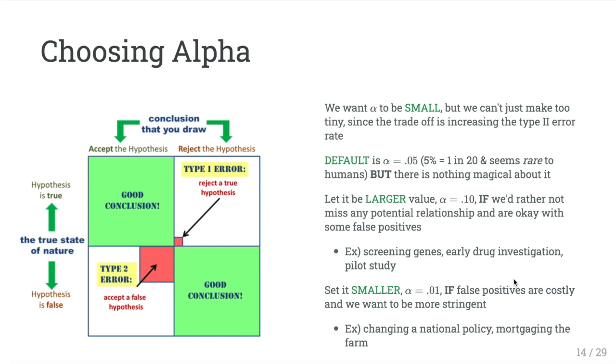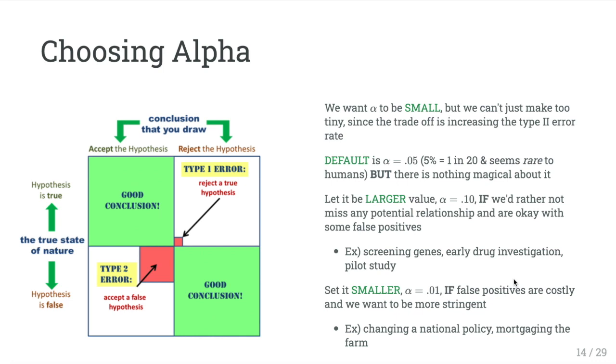So in general, we have this default of alpha 0.05, but there's nothing magical about it for type 1 error. It just means apparently we're okay with 5% of the time being wrong. Now we can let it be larger, say like alpha equals 0.1, if we'd rather not miss any potential relationship and are okay with some false positives.